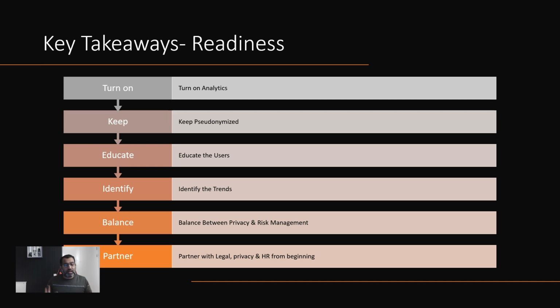So always partner with your legal, privacy, and HR from the beginning, so that you balance between the privacy and also the risk management. These are the key takeaways as a readiness before onboarding any environment into Microsoft Insider Risk Management. Because if you go through this phase, whatever readiness that you're taking for this Insider Risk Management is going to go in a very good direction, and you can eventually improve it.